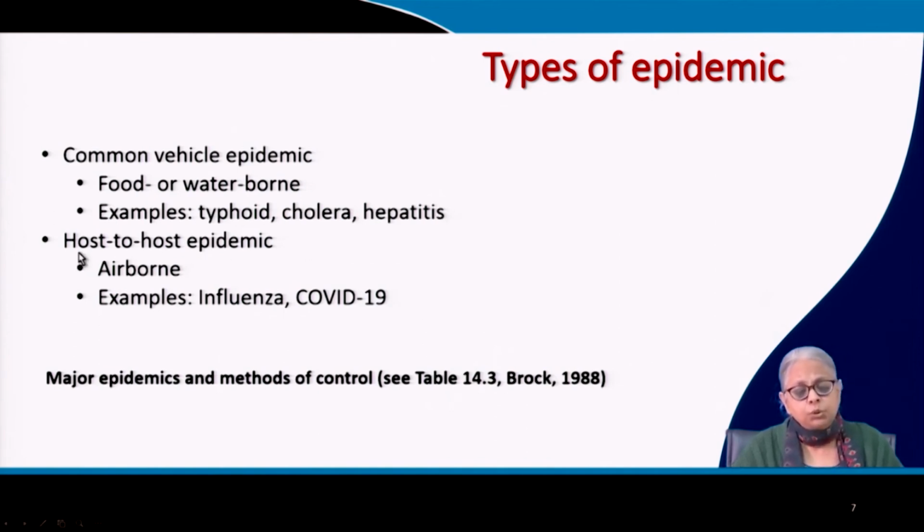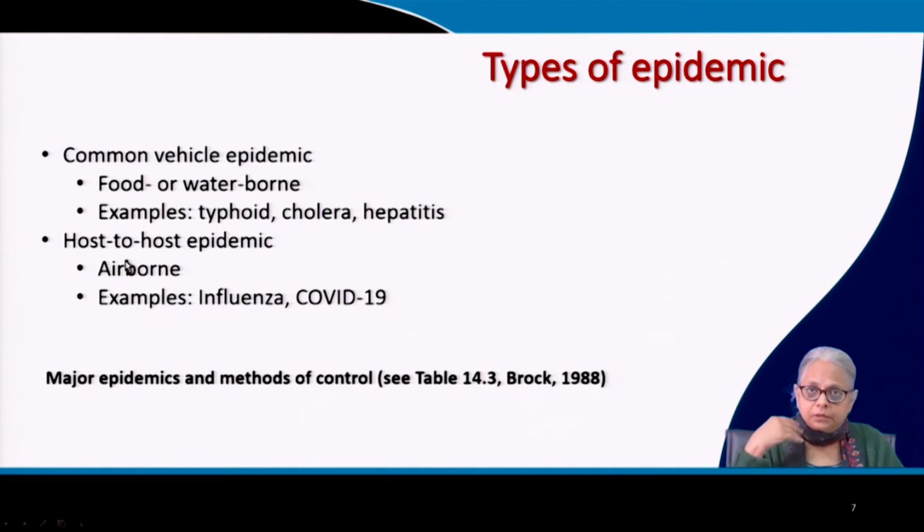When you have host-to-host epidemics, just like the one that we are living through, COVID-19, the route of direct contact between an infected person and a not infected person is likely to transmit the virus. That's an airborne virus. We're calling it an airborne virus. Some of us are very particular and call it an aerosol associated virus.